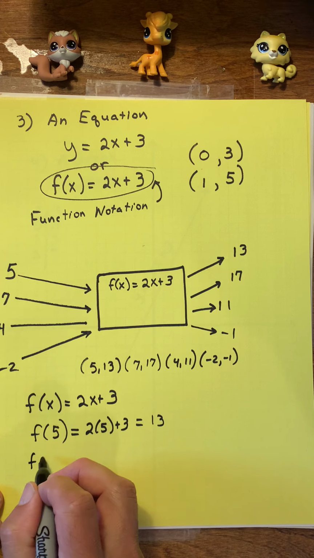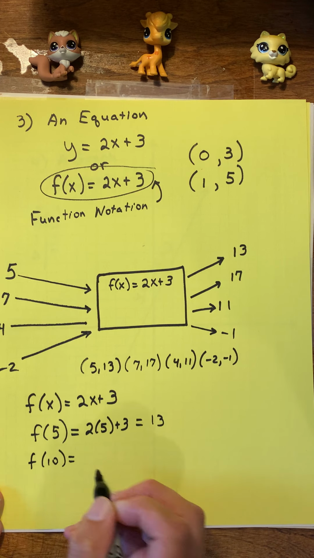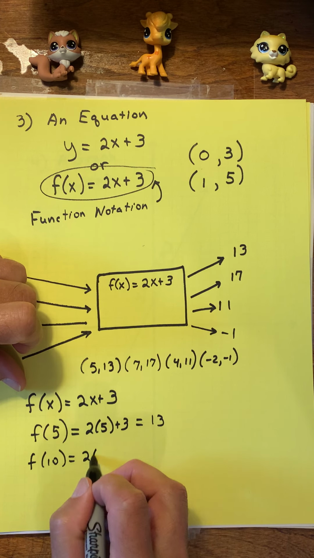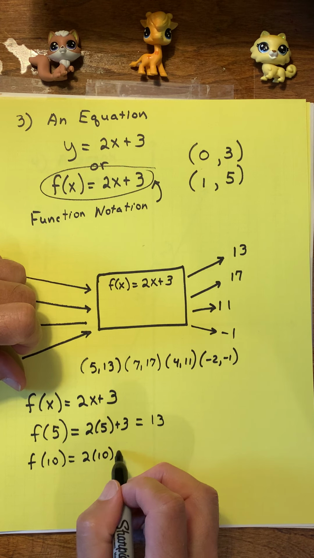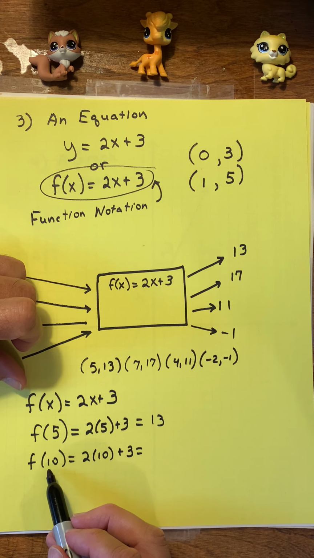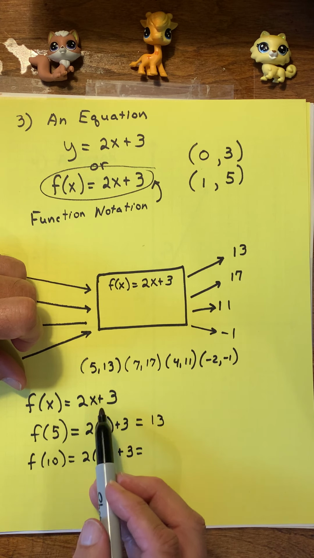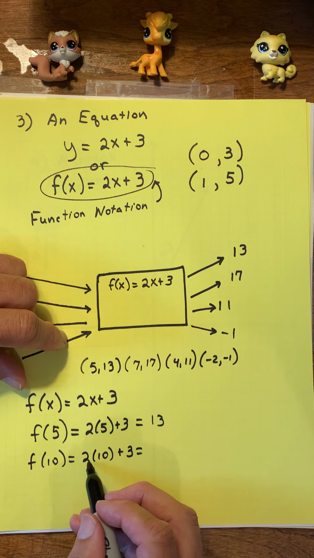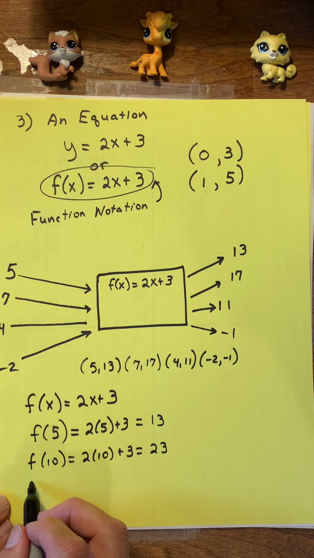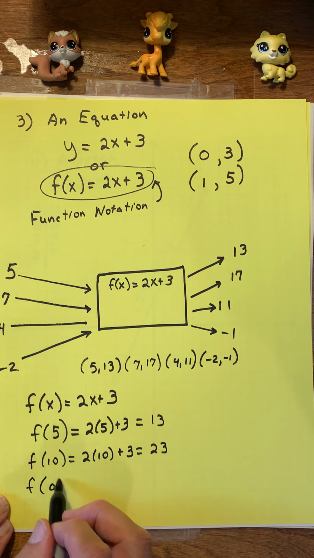What's f of 10? Well, let's find out. It means 2 times 10 plus 3. So whatever the value you're asked about, substitute that everywhere for x. That's 20 plus 3, 23. Hey, I can be more general. What's f of a?